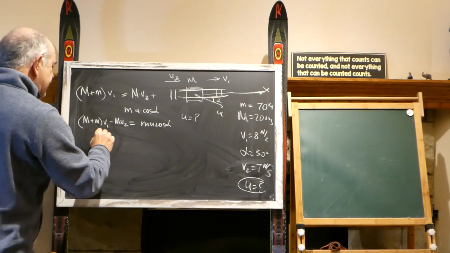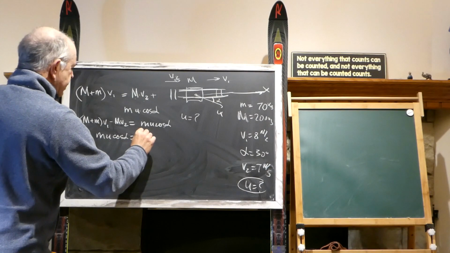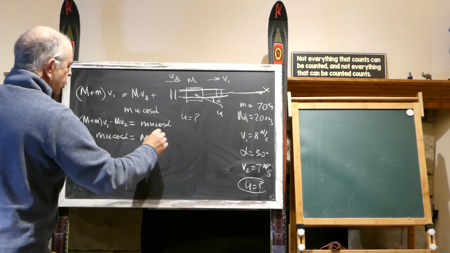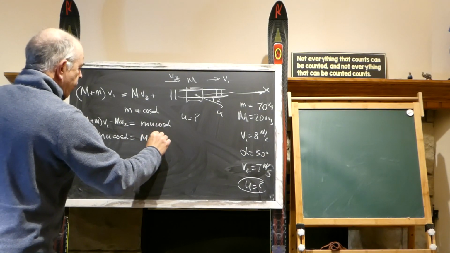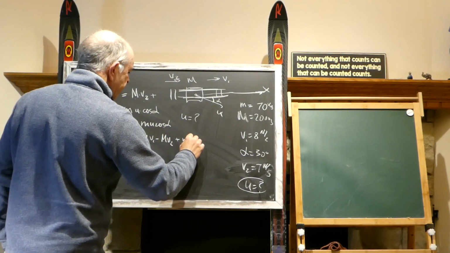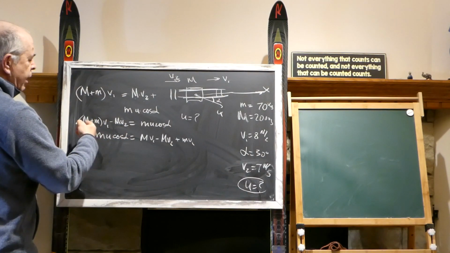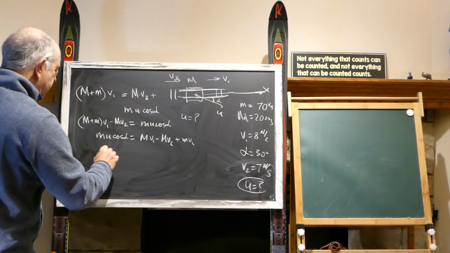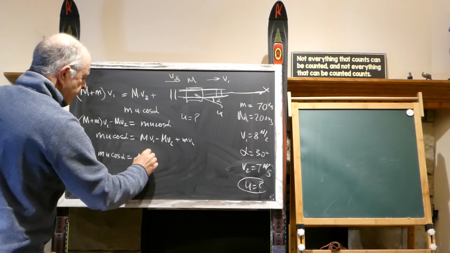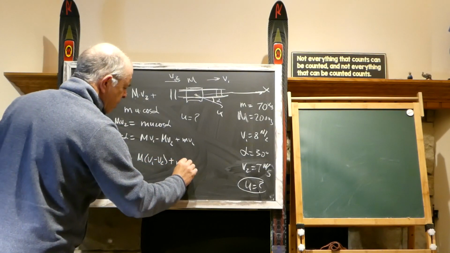And we change sides, so I write m u cosine alpha first, and then the rest. I can open brackets and change the order in which I write things. So I have m u cosine alpha equals M(v1 minus v2) plus m v1. Why do I do so?